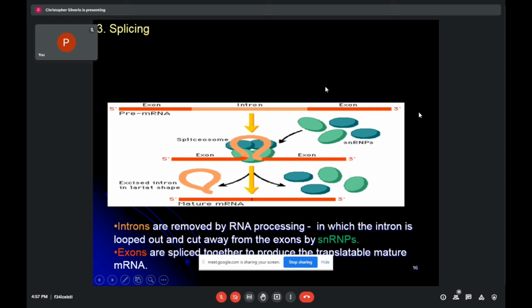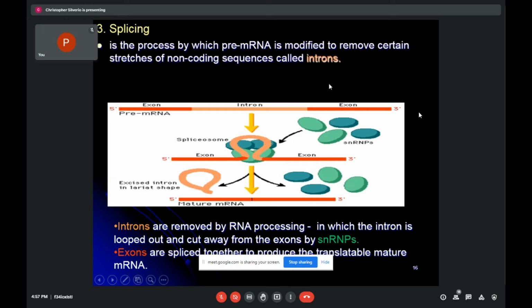Okay, splicing. How introns are spliced is the process by which pre-mRNA is modified to remove certain stretches of non-coding sequences called introns. Okay, how the introns are removed or spliced.